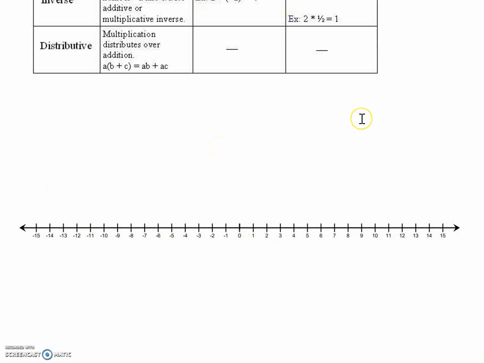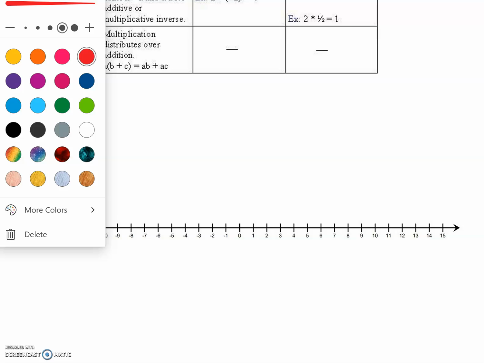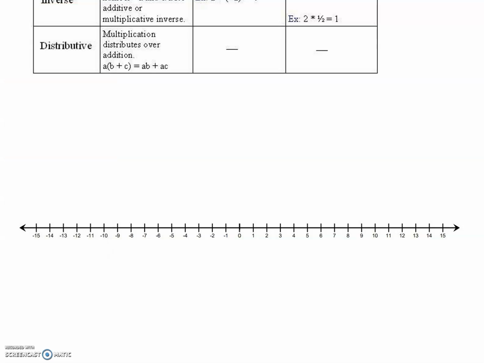All right, so let's say we have 3 plus 8. If I do 3 plus 8, I'm here on the number line. I start at 3. I'm adding 8, so I'm moving 8 units to the right: 1, 2, 3, 4, 5, 6, 7, 8.